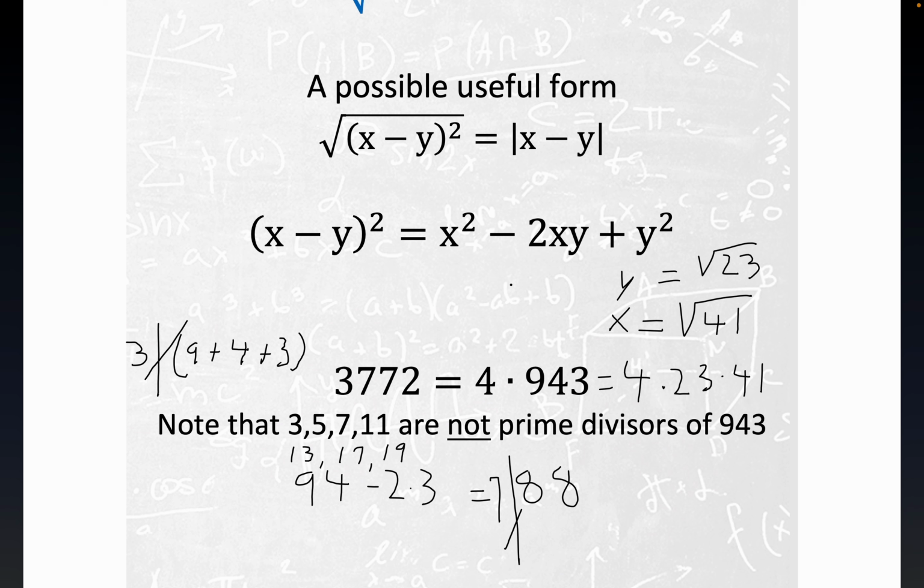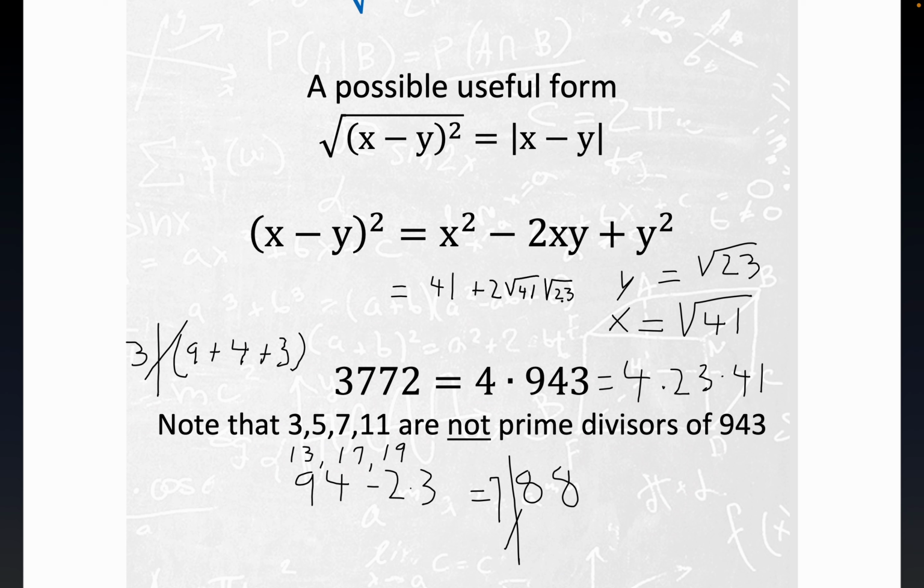And you can see it just works very nicely from this point. Okay, so right here, let me come over here. I kind of painted myself into a corner a little bit. But we would have x squared would be 41, plus 2 times the square root of 41 times the square root of 23.